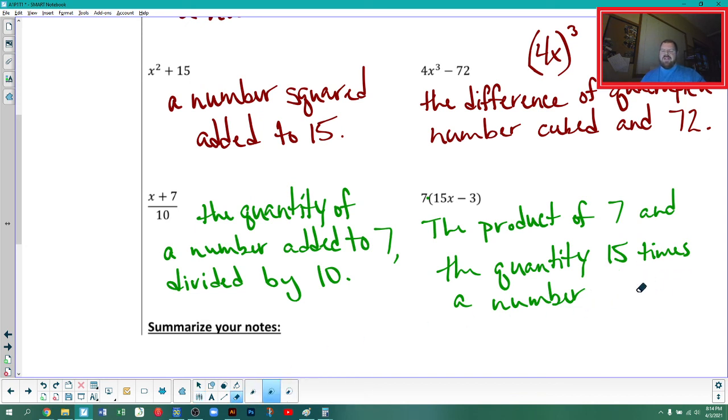Let's use subtracted. But if I want to know that the 15 times the number comes first, I need to say subtracted by. So subtracted by 3.